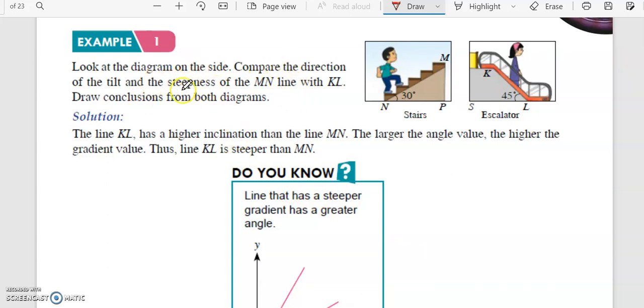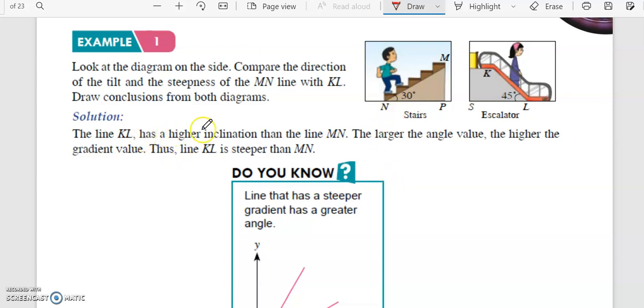Compare the direction of the tilt and the steepness of the MN line with KL. Draw conclusions from both diagrams. From stair here, we can see this is angle 30 degree located at the stairs and angle 45 degrees located at escalator.